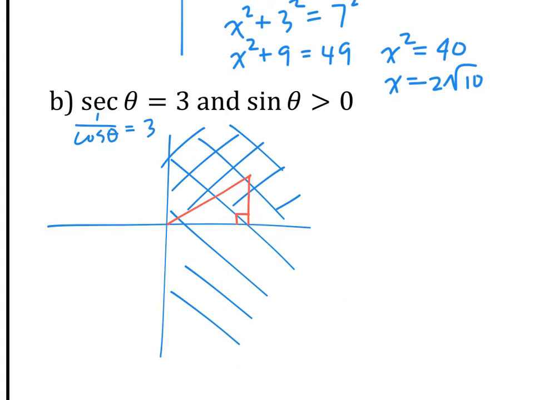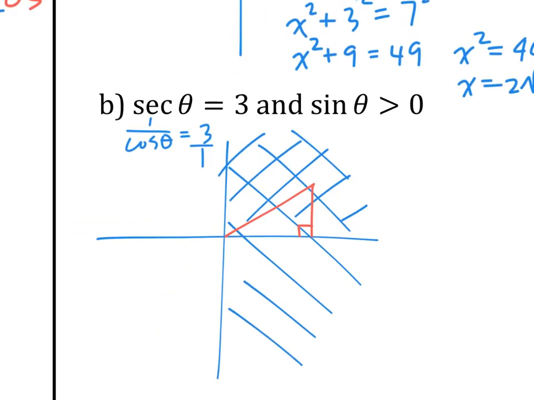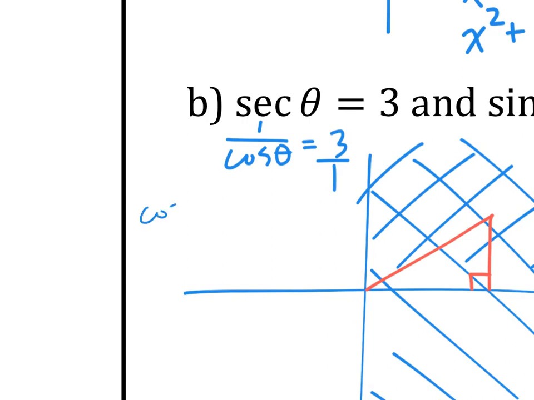The fastest way to find cosine is just find the reciprocal. If you flip this one, it's the same thing as flipping the one on the right. If you don't like that method, you can always try cross multiply, but it's slower.